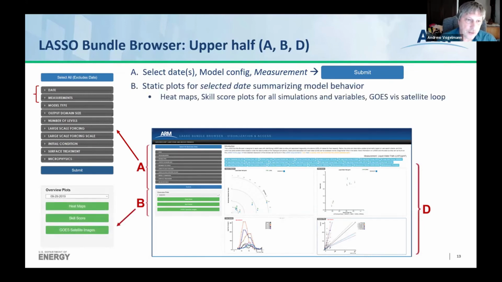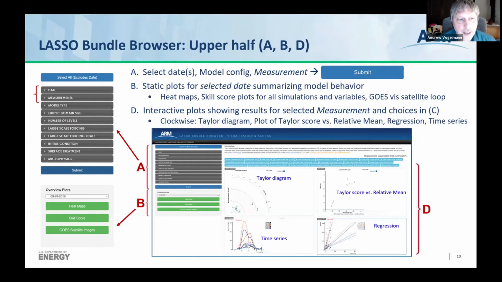Next thing is that once you've selected that date, you will have access to the static plots that summarize general model behavior. That's the heat maps, skill scores, and you will also have access to the GOES satellite image loop in section B there.